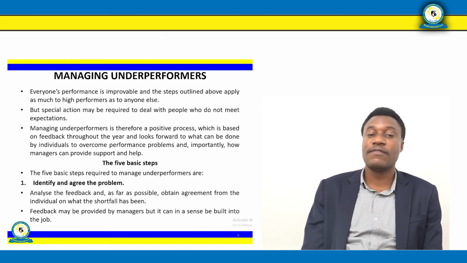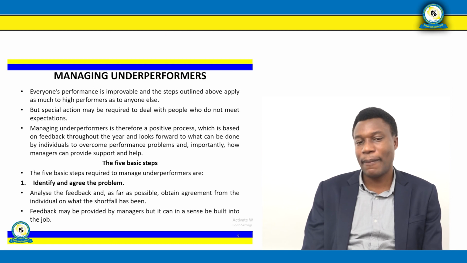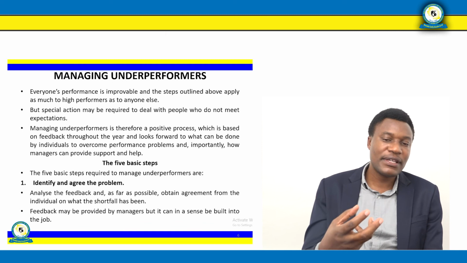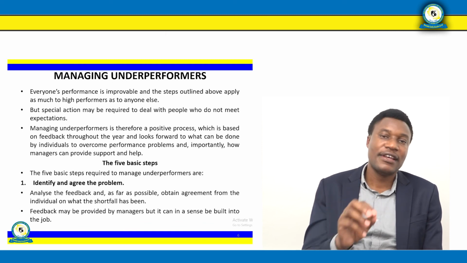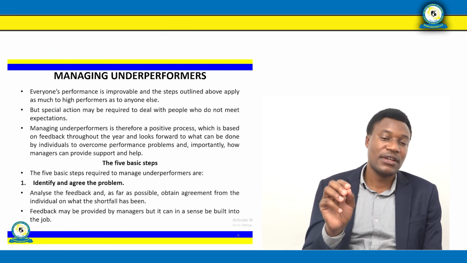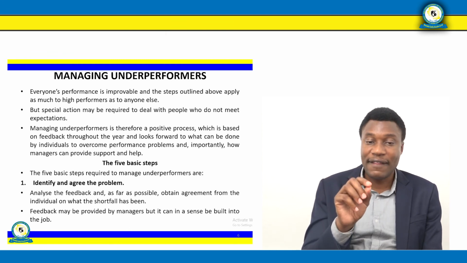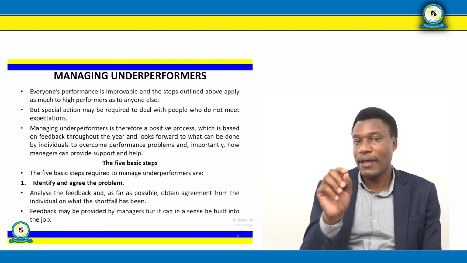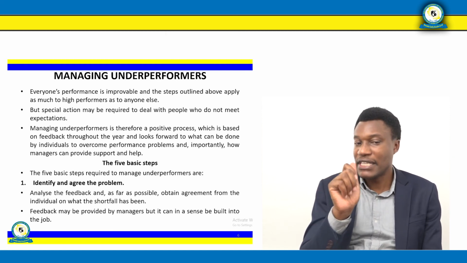Step 1. Identify and agree the problem. Agreeing or accepting the problem or the mistake is a sense of maturity. We have to note that. So we identify and then we agree. When we agree the problem together, the manager and the employee, that's the sense of maturity.